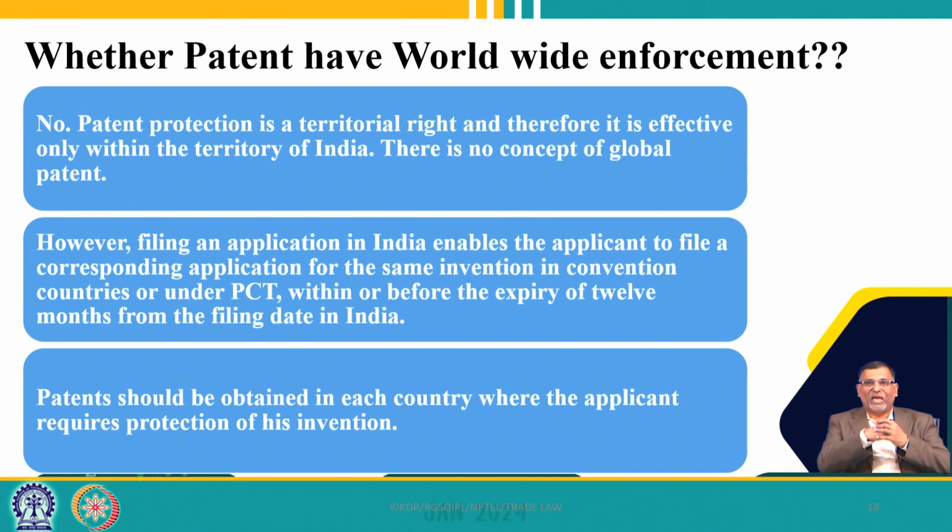It is valid only in your country, not in other countries. So, you have to separately take protection in that particular jurisdictions. So, this is considered to be one of the drawbacks of the TRIPS regime. So, you have to go to each and every country and file patent applications.